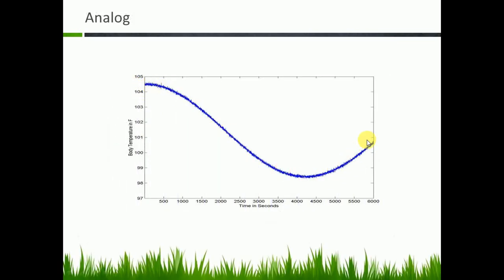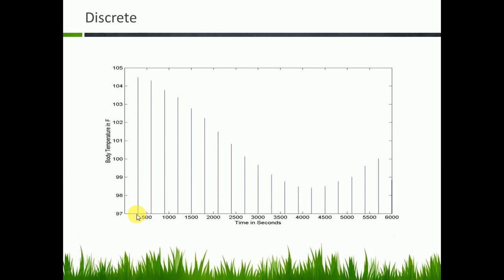It follows exactly this shape. But this one is defined across the whole time domain, while this, however, is defined after every 300 seconds. This is 1200, this is 1500, 1800, and then you can see it again at 3000, 4500. So this is an example of a discrete signal.